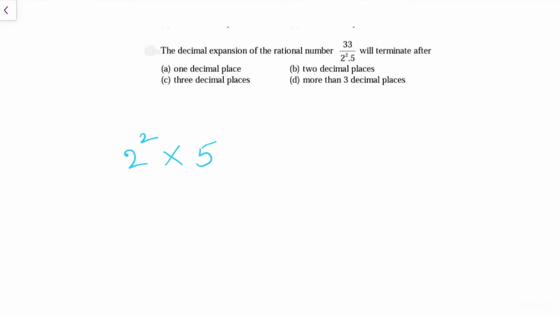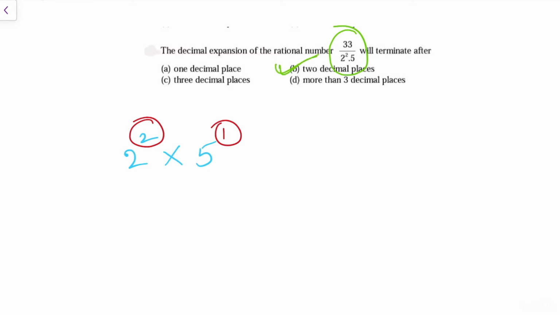Now here we need to observe for which number the highest power is there. For 2 the power is 2. For 5 nothing is there, means power is 1. Now in these two powers, that is 2 and 1, obviously 2 is bigger. So the given number will have 2 decimal places. So it will terminate after 2 decimal places. That is option B, the correct option.